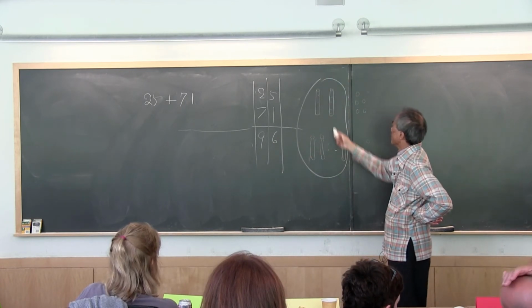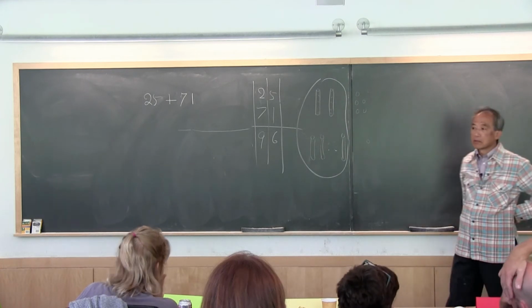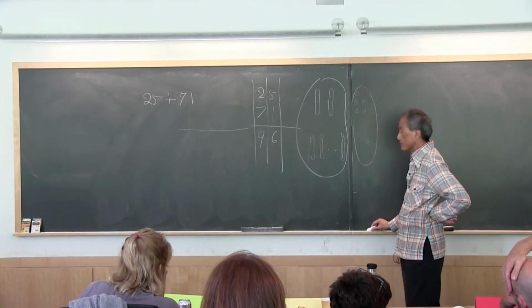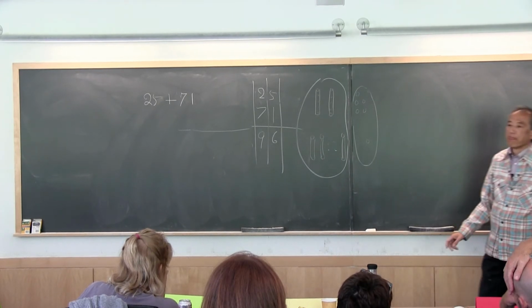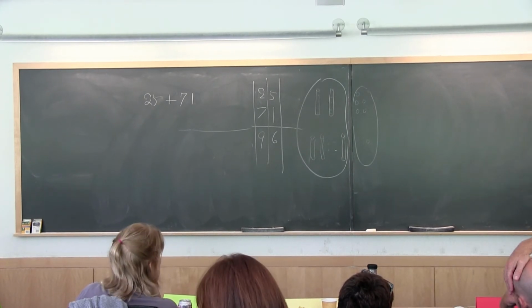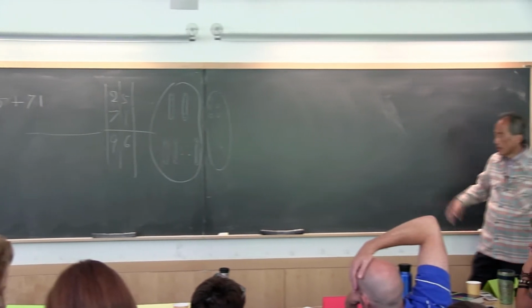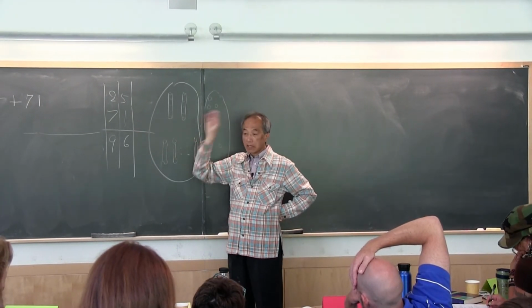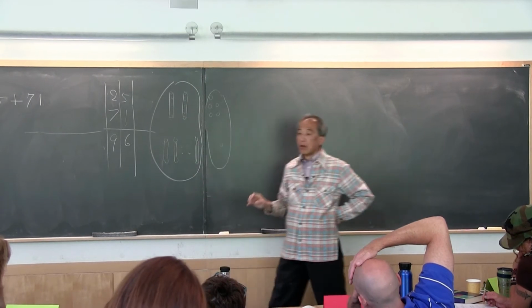Seven plus 2, 9 bundles. 5 plus 1, 6 factors. And that's what you call 96. That's the exact and precise explanation of this particular addition problem.